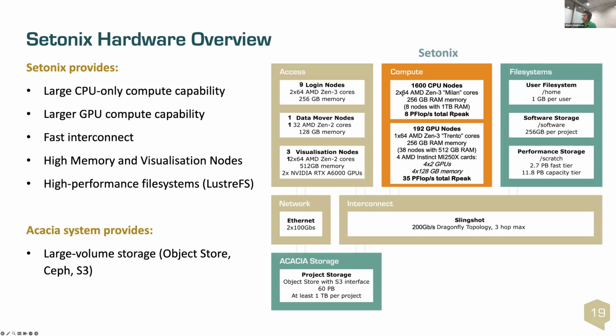So with 2 chips, we have 128 cores in each of the CPU nodes. And we have 1600 of them. This gives a total of 8 petaflops. This is the theoretical capacity of the CPU part.